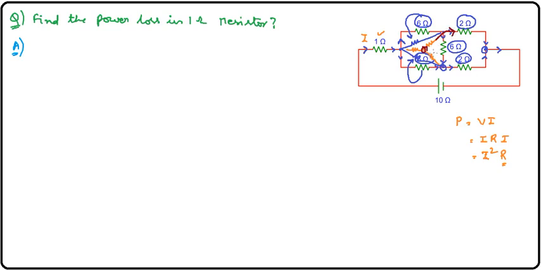So if this is R1, this is R2, and let me take this as R3, then R1 and this 2 ohm resistor are in series, and R2 and this 2 ohm resistor are in series. These two are in series.